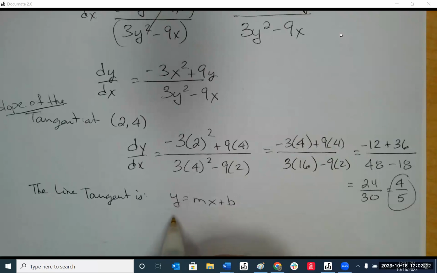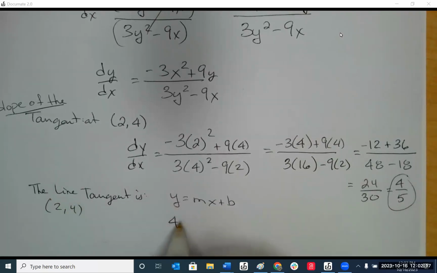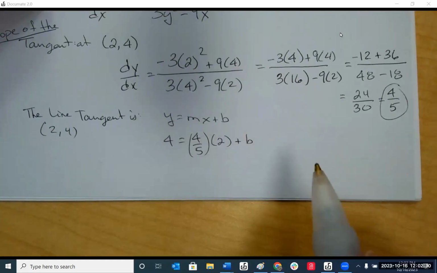It's 4 over 5, so at the point 2, 4, we have 4 equals 4 over 5 times 2 plus b.